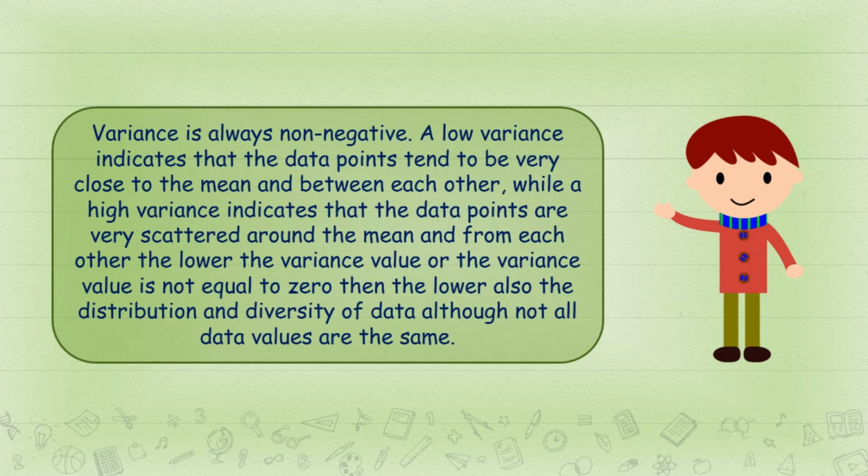The lower the variance value, even if it is not equal to zero, the lower also the distribution and diversity of data, although not all data values are the same.